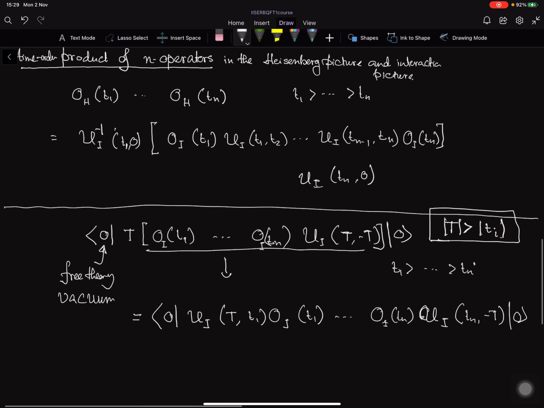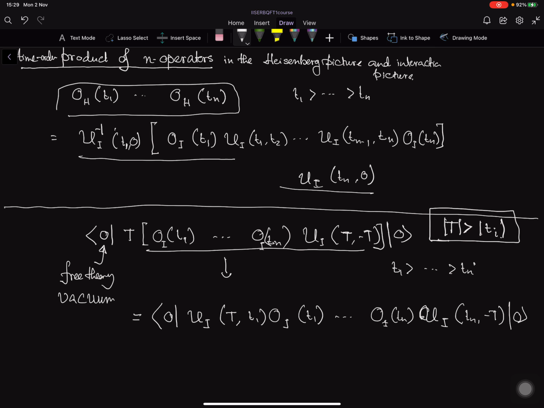Now using the above expression, we can write this product of the operators in terms of the Heisenberg picture.